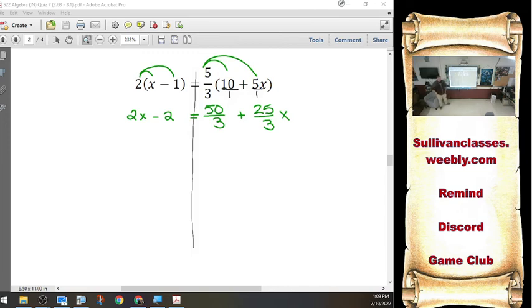Now, I can start moving things around right now. I could just use the calculator to do the heavy lifting for me. But there was a way that we could just not deal with fractions right now. Multiply everything by 3. Then I don't have to deal with fractions.